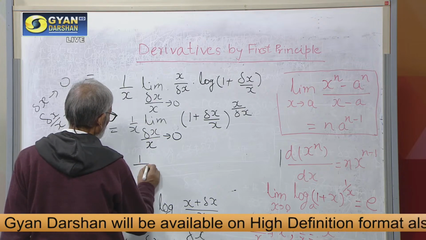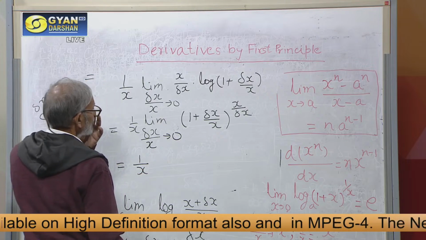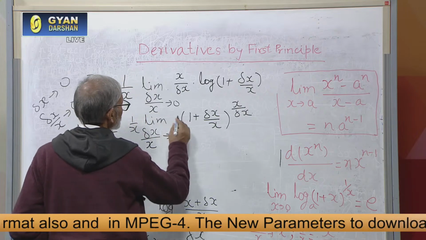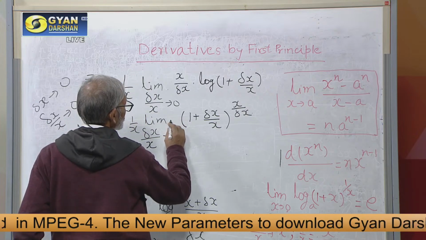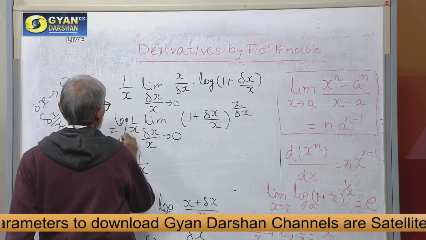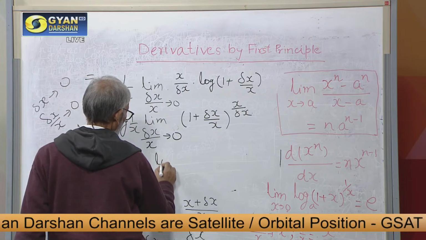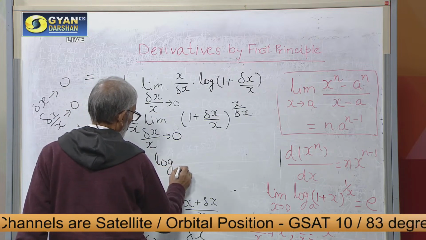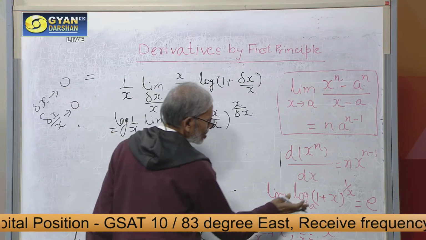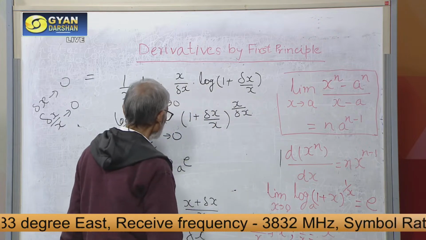So, this will be equal to 1 by x, we have taken log outside. So, it will be log base a of e, because this logarithmic function comes out to be e.